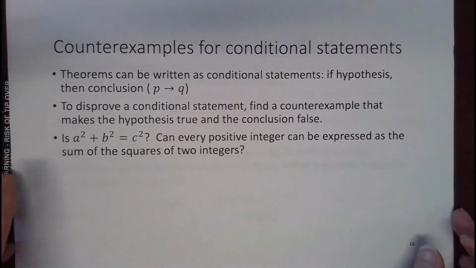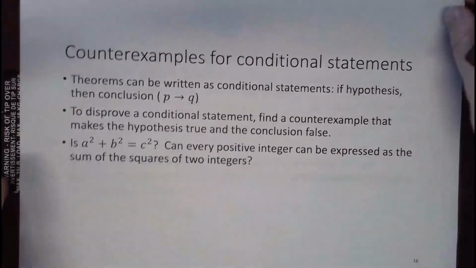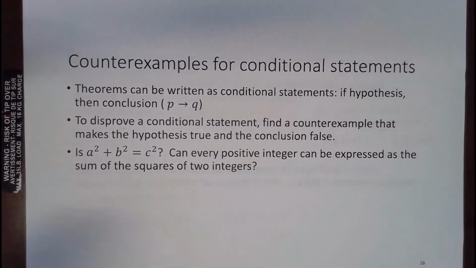Most of the things that we will be proving are written as conditional statements, like if this, then that. And sometimes even if they're not written that way, if you look at them, you can turn them into that. So you should always think of any kind of theorem that you're proving as an if-then statement.